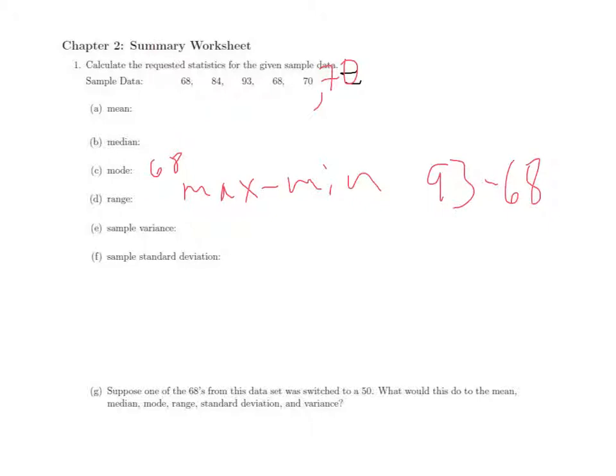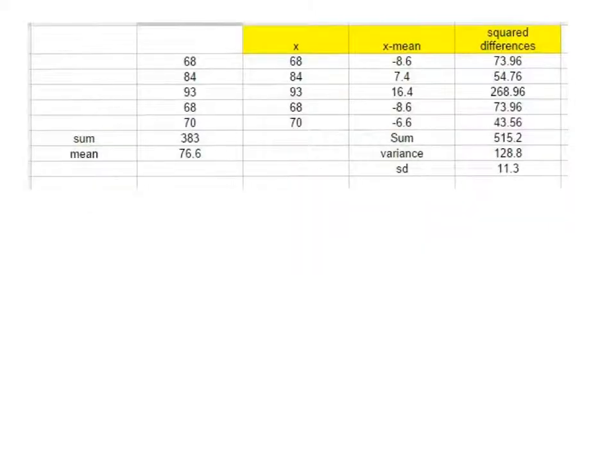Now to calculate the sample variance and the sample standard deviation, it's a whole process that Dr. Stevens walks us through. I also prepared this, and I'll walk us through it too. The easiest way to find the variance and standard deviation by hand is to take your numbers and set them up in a table.